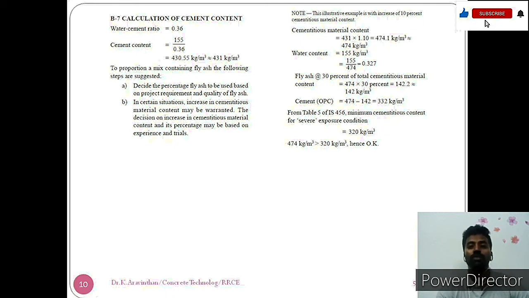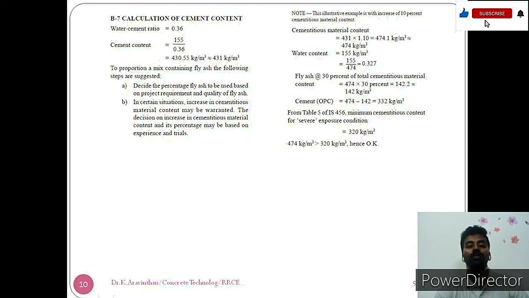According to the type of mineral admixture you are using, if you are using fly ash, you can assume 10%, and there are other mineral admixtures available like silica fume, GGBS or metakaolin. Those mineral admixtures have inbuilt cementitious property, so if we introduce this material, it adds more cementitious content to the OPC that we are using.